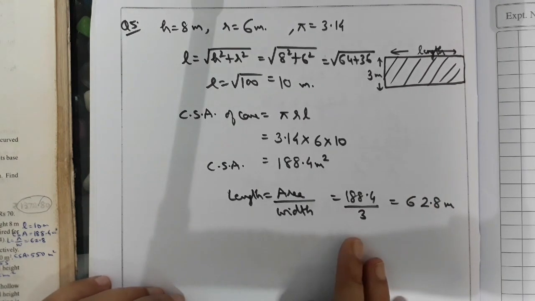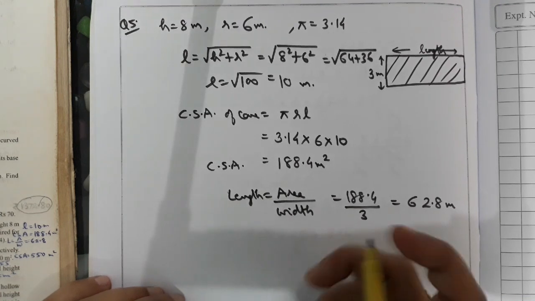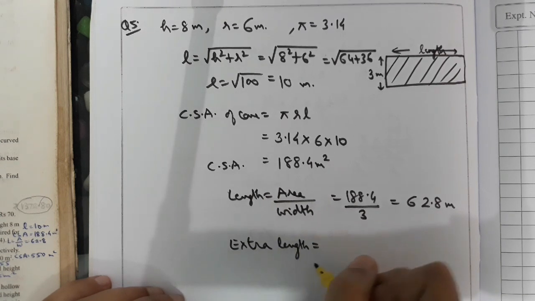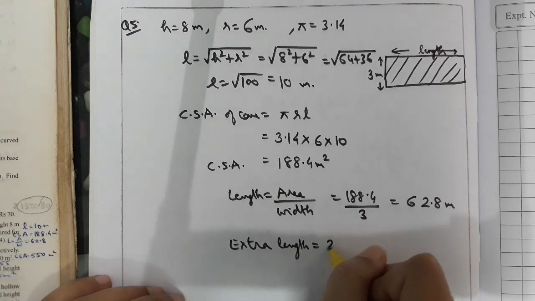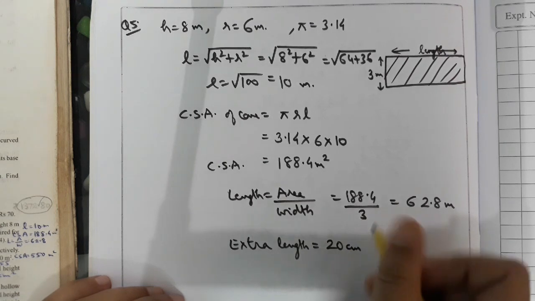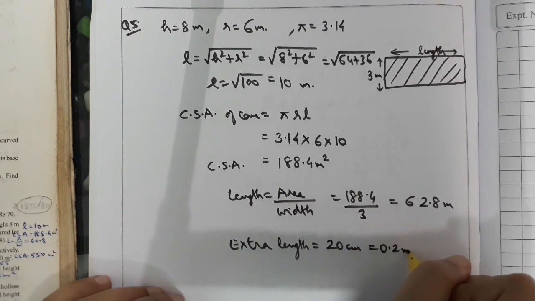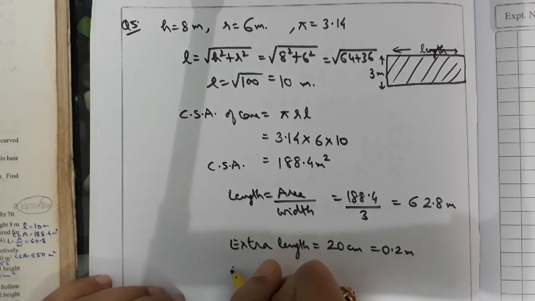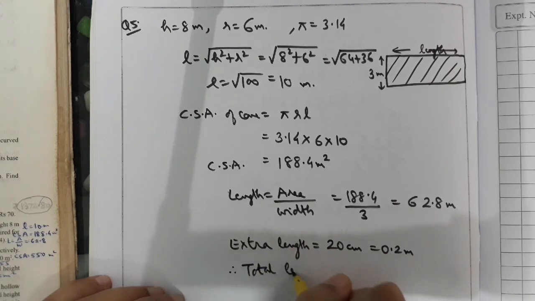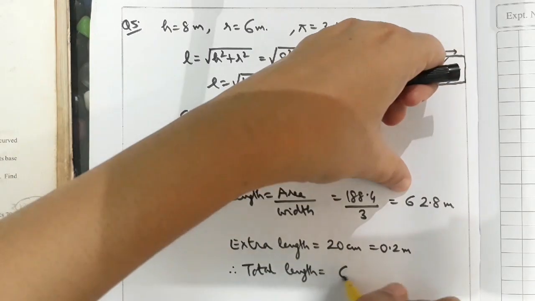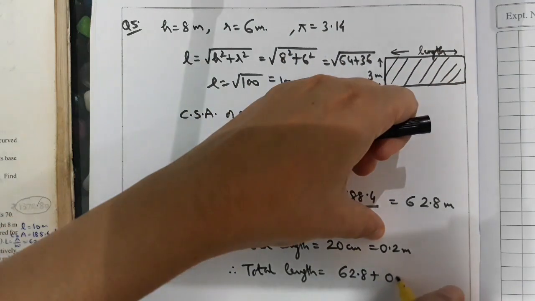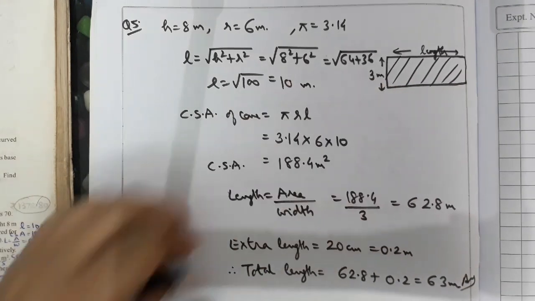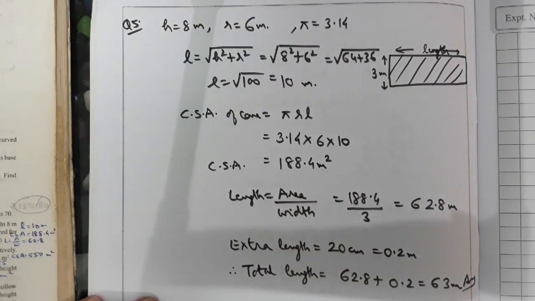But this is not the total length, because they are saying some extra length is required for stitching margins and wastage, and this extra length is given to us as 20 centimeters. So first of all we'll change it to meters: 20 divided by 100, which is 0.2 meters. Now we calculate the total length. The total length would be equal to 62.8 plus the extra length, which comes out to be 63 meters. So this is the required length.